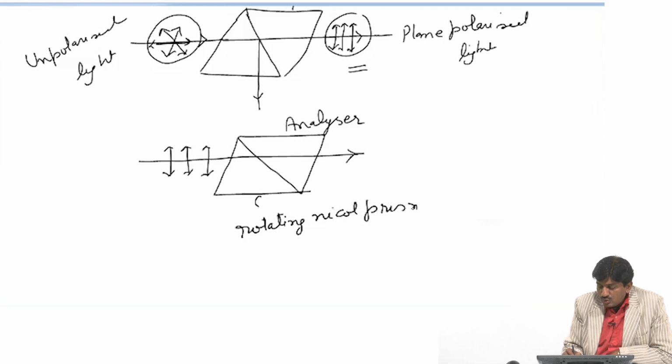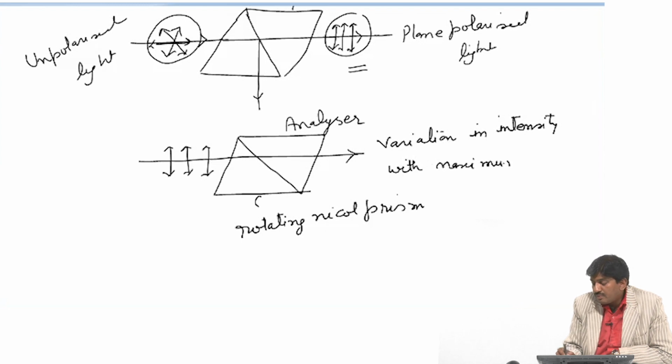We can rotate this Nicol prism, and if we rotate it, then there is a variation in intensity from maximum to 0.